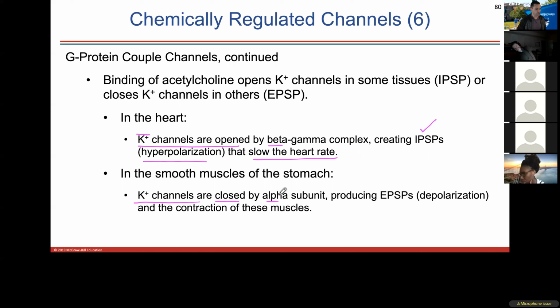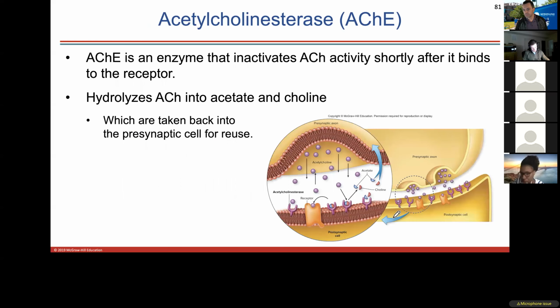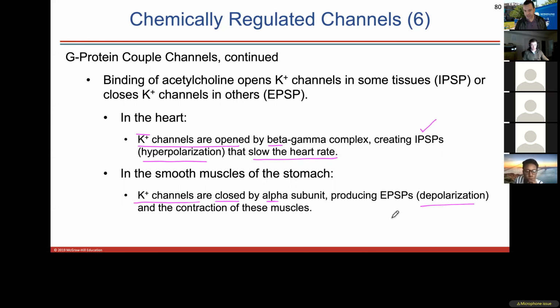So it just depends on which one disassociates. Is it alpha or is it beta? Well, if we close those channels, then there you go. That means depolarization, and that's going to be an excitatory postsynaptic potential.